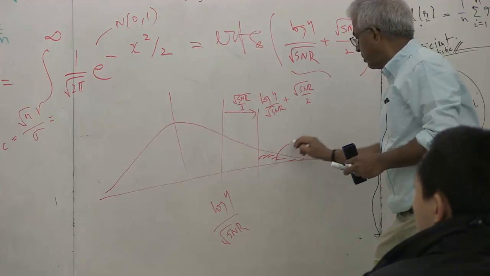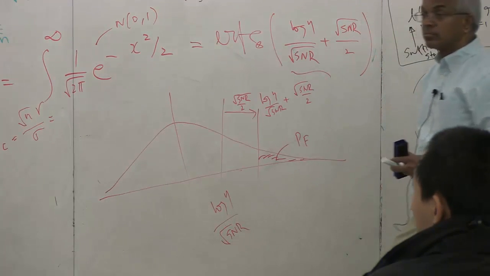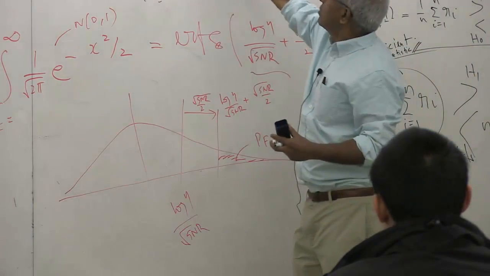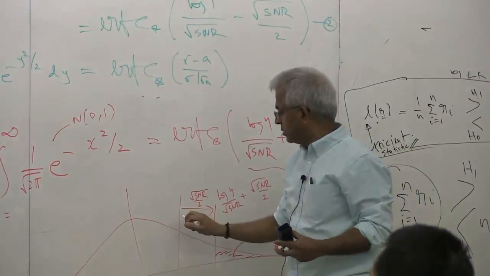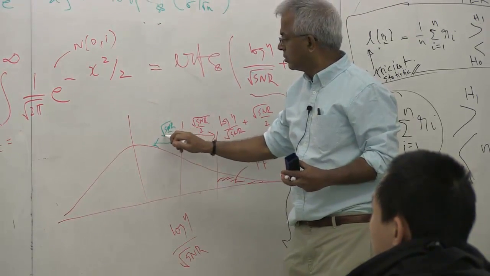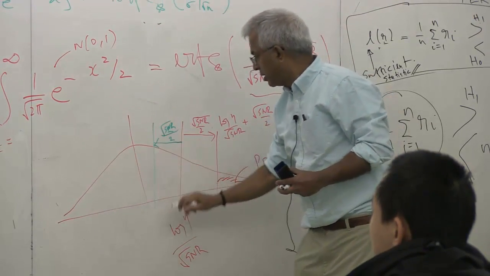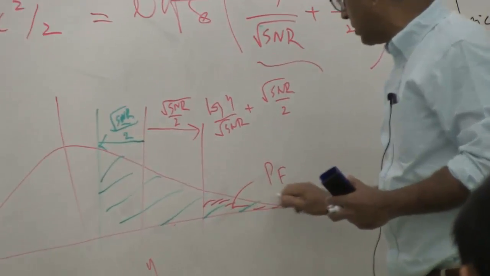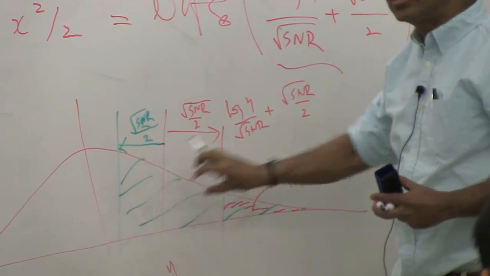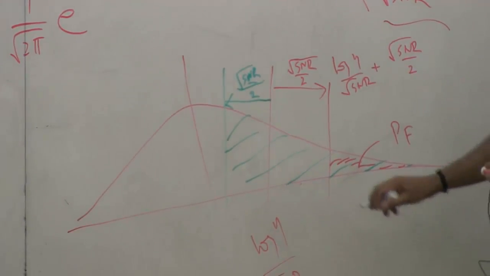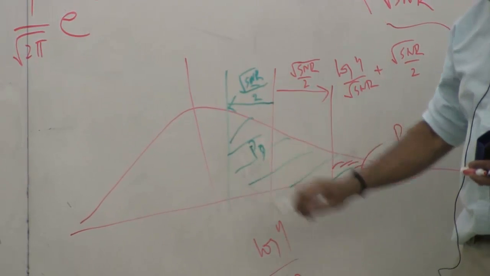That's going to be PF. Look at PD. From the same number, you go back square root of SNR by 2, and then you look at this area. So physically you can see that PD is greater than PF in this case. So this is PD.